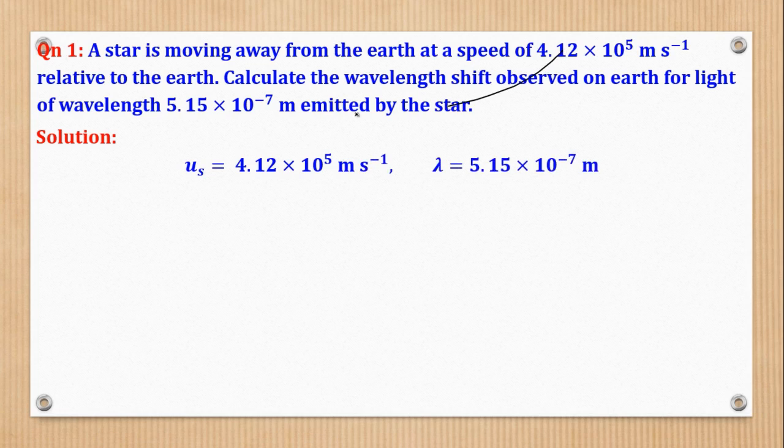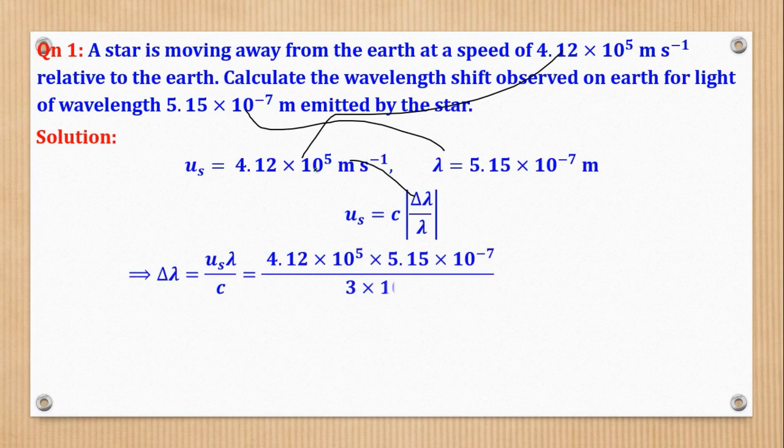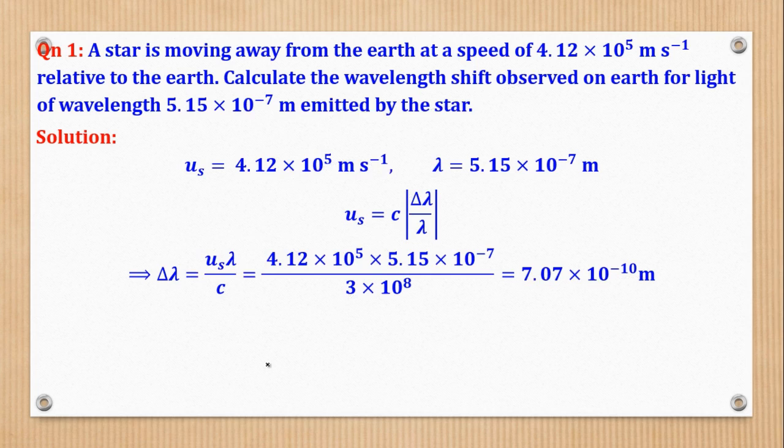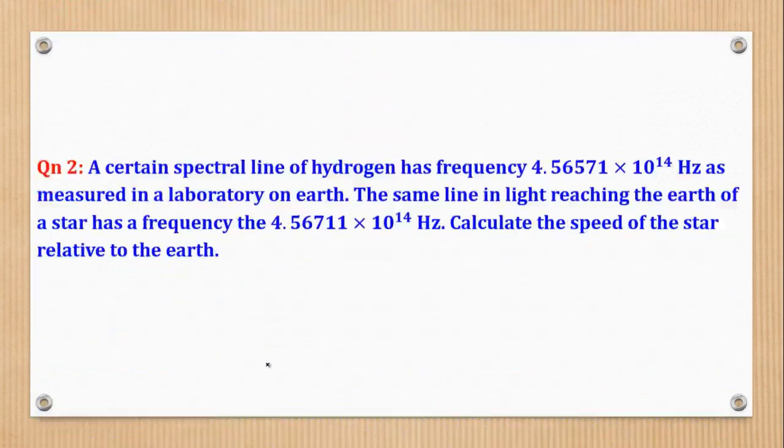So we know that US is this and lambda is that. Therefore, from this formula, make this the subject, because that is the Doppler shift. You'll come up with US times lambda over C, which is here. Then substitute for US, for lambda, and for C, the speed of light in vacuum. So you'll come up with this as the Doppler shift.